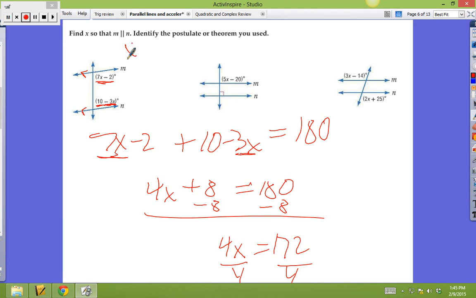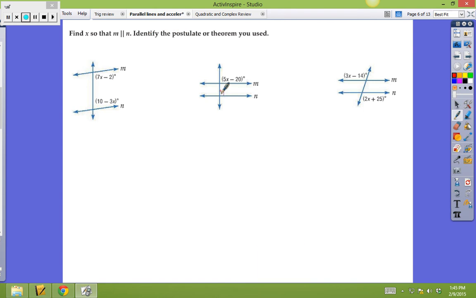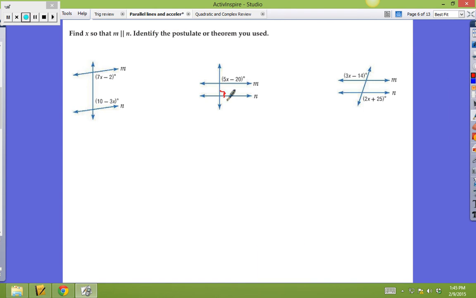And the first one, for those to be parallel, the only number in the world is 43. When you let x be 43, those will be supplementary, making parallel lines. Okay, the middle one, so this little mark indicates a 90 degree. If that's 90, then that's 90. And then that's 90, and they're all 90. So for them to be parallel, I want the tops to all be 90 as well.